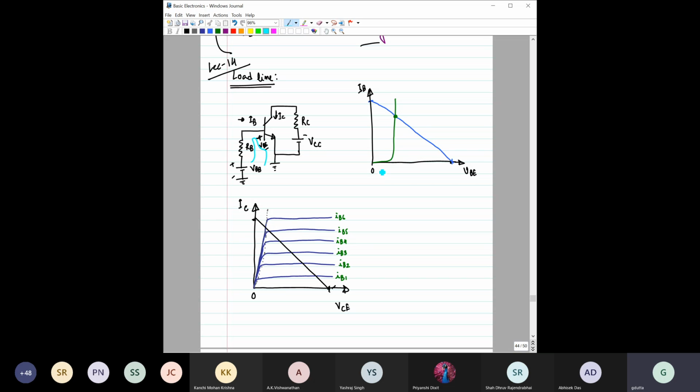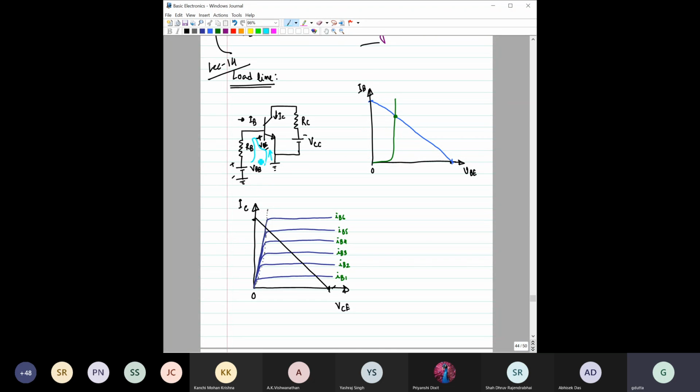If we plot V_BE, this voltage, versus IB, the base current, then this will be similar to the diode characteristics. So we know the characteristics of IB versus V_BE would be like this.